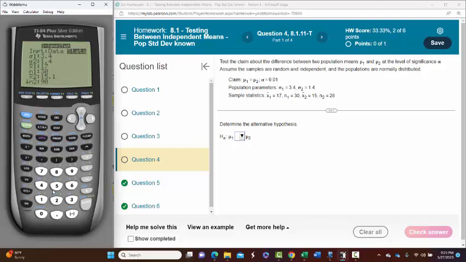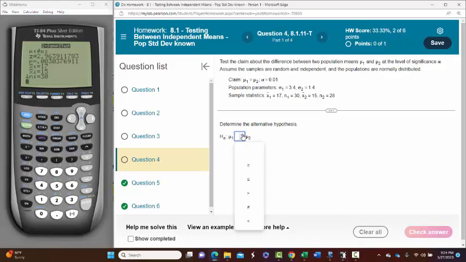The second mean is 15, and the second n is 28. Equal, not equal. Hit that one. Calculate.